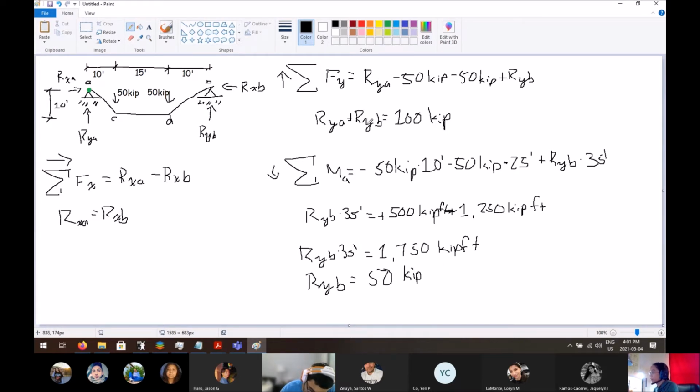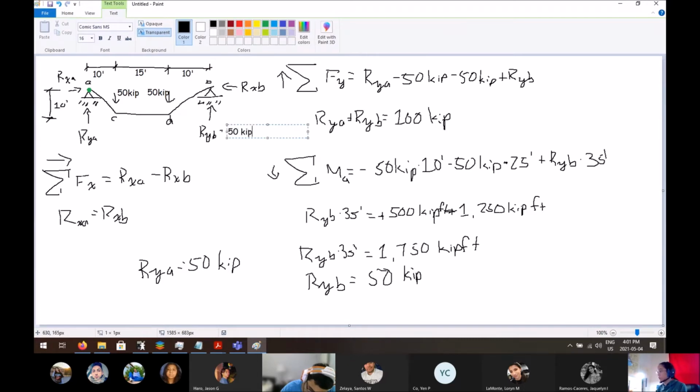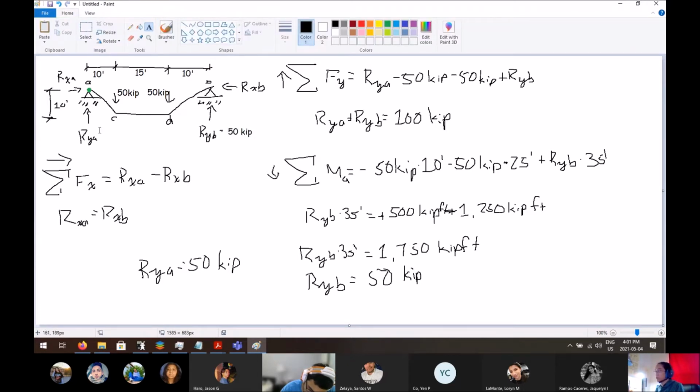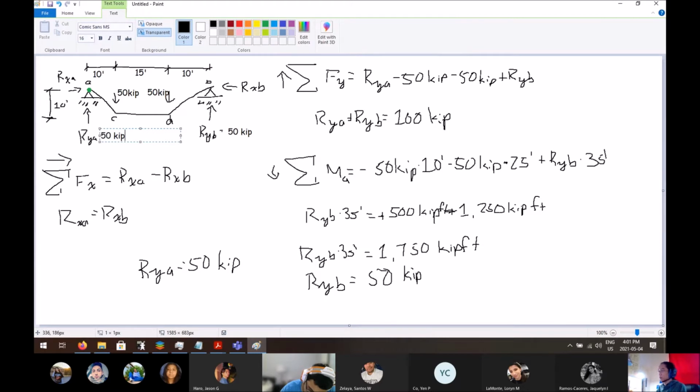RYA plus 50 kips equals 100 kips. RYA equals 100 kips minus 50 kips, so RYA is equal to 50 kips as well. We have another 50 kips.